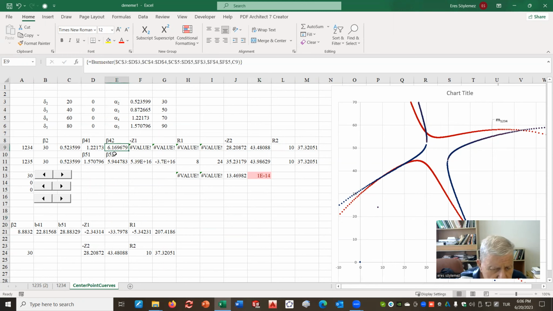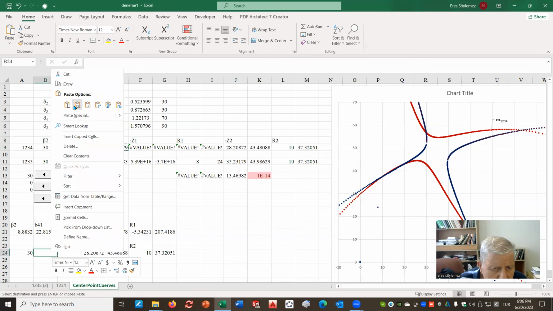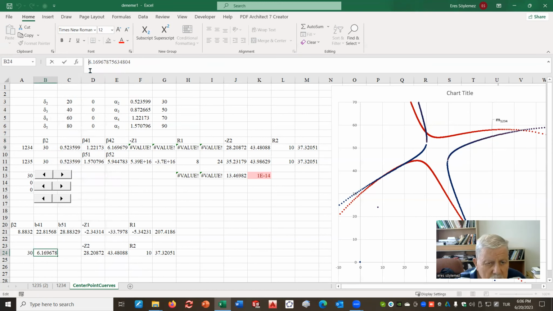Now beta 4 2, I'm converting it to degrees, and beta 5 2. That's the second solution. And let's continue.